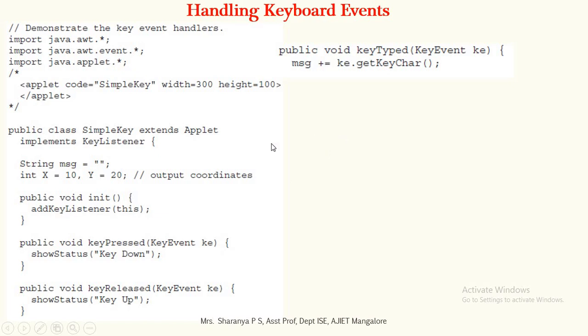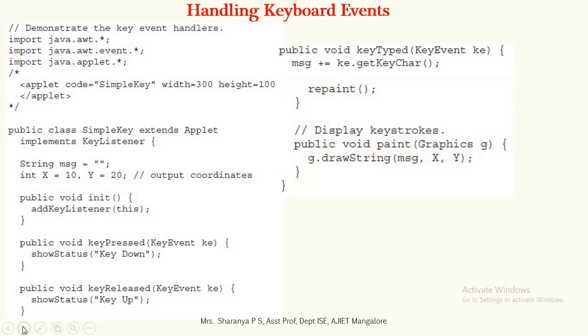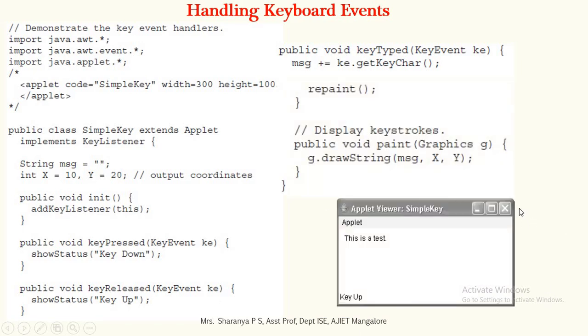So that is entering something, and then pressing the key or releasing the key. If you look into the code here, this is how it is displaying. These are the packages, and this is responsible for displaying the applet window.